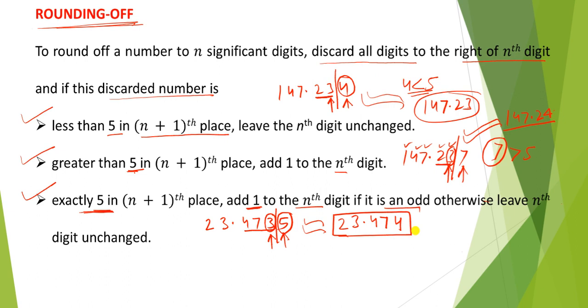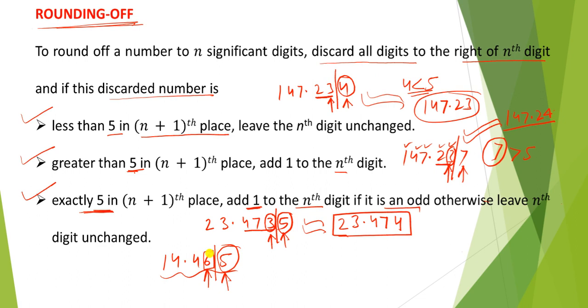Now consider the number 14.465, and round it off correct to 2 decimal places, or correct to 4 significant digits. Here the n plus 1th digit is exactly 5 and the nth digit is 6, which is an even number.